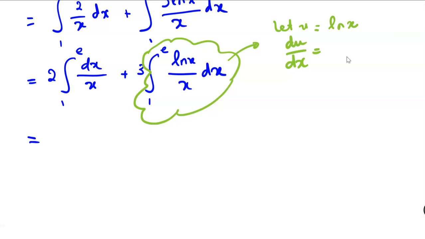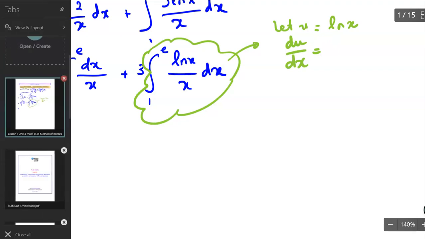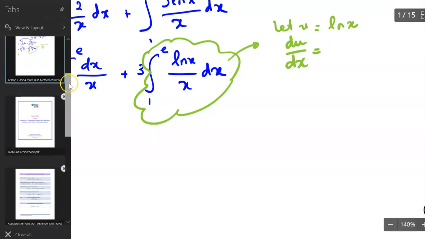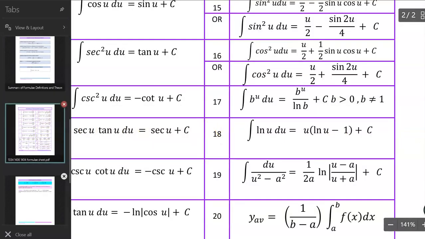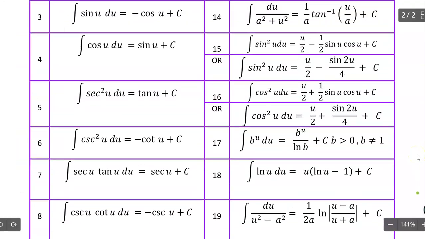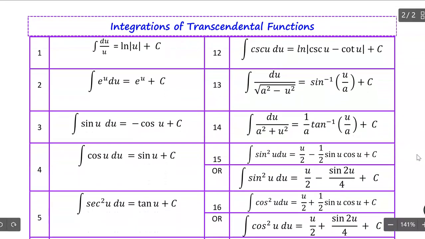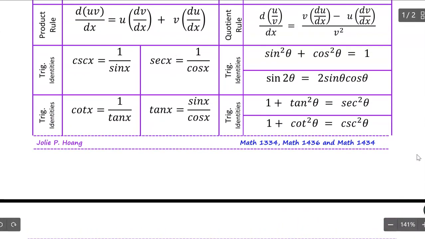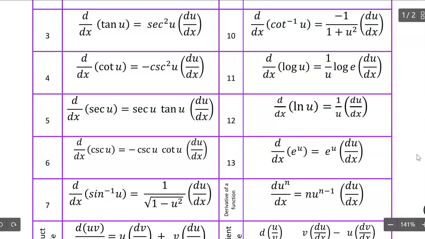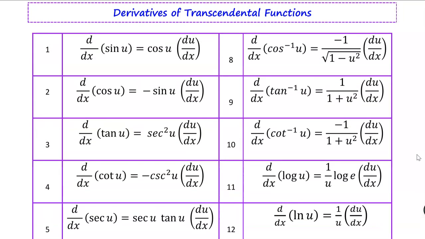Then the reason I let u equal to ln x is because now I'm going to show you the formula sheet again. Okay, so these two formula sheets go hand in hand, and I only showed you part of this formula sheet. So I showed you the integration of transcendental functions, but in order for you to integrate, you need to know the derivative of transcendental functions as well, because derivative is the reverse process of integration.